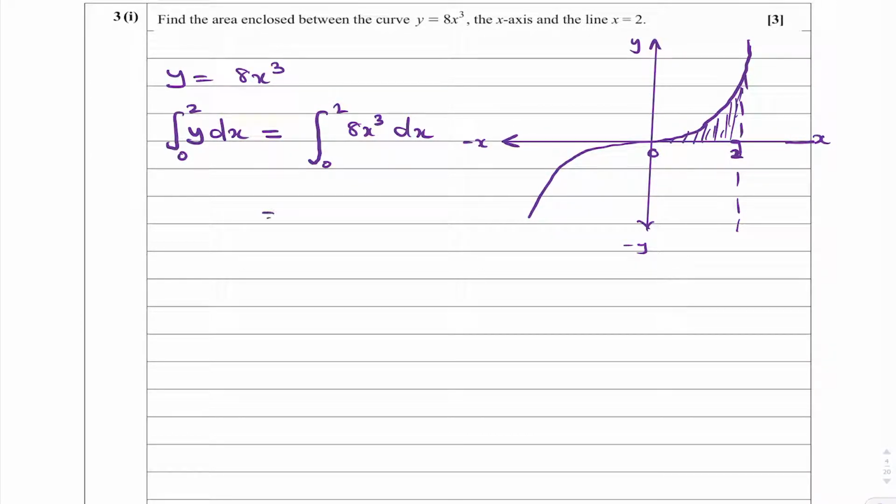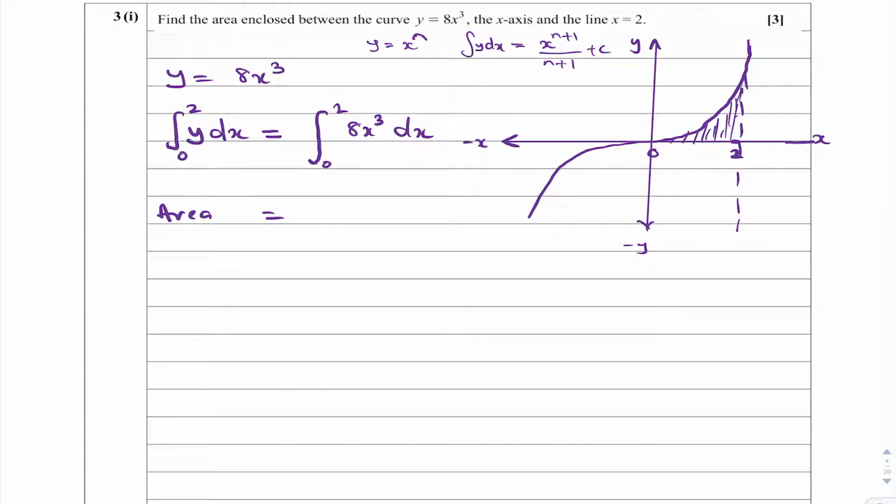So that's the area. Now, integrating that would use the definition of integration, which is y equals x to the power of n, and the integral of y dx will be x to the n plus 1 over n plus 1 plus c. So that's what we're applying here.